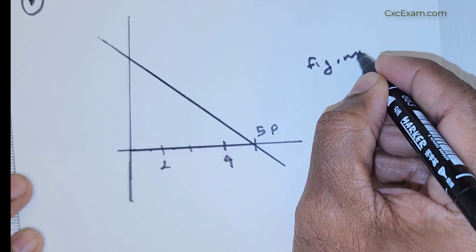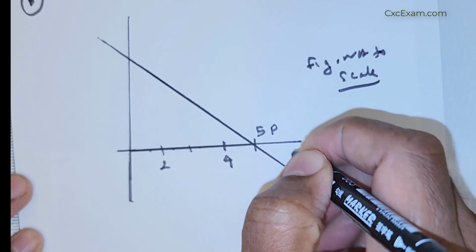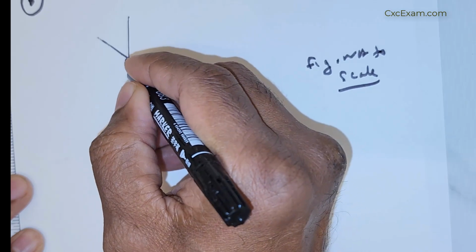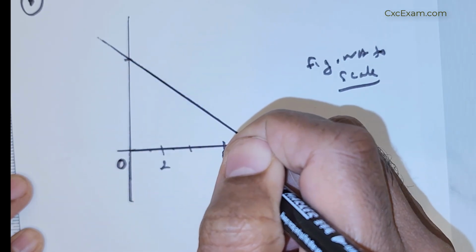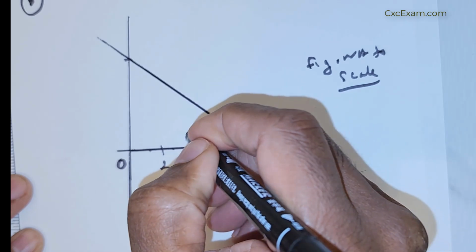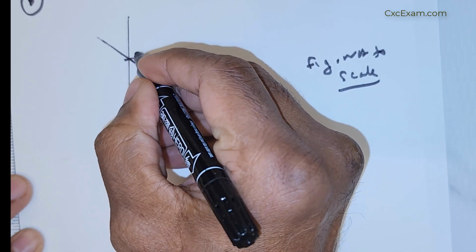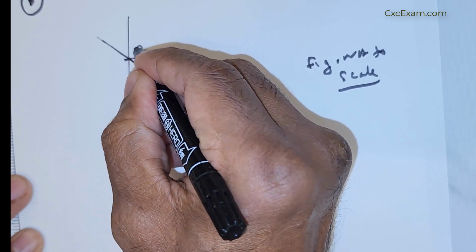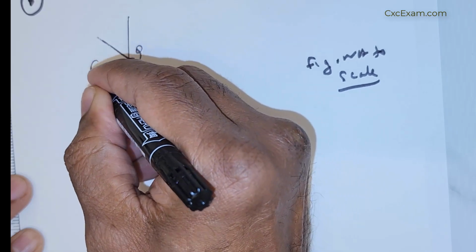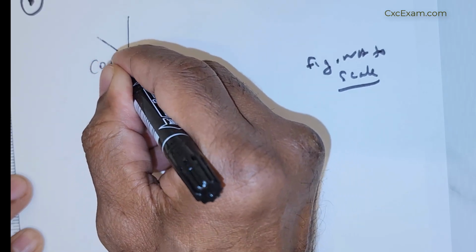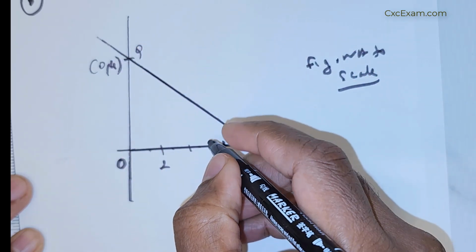Okay, figure not to scale. So clearly this point is 5. Similarly, I don't want to place in these points, so let me just take it as 0 there. So this is going to be another point, and it is Q. So this measurement is going to be (0, 4). Clearly from the given graph you will be able to pick that up.